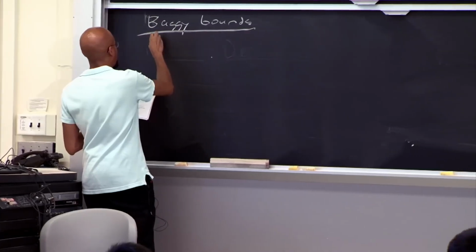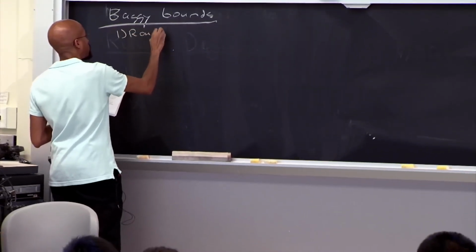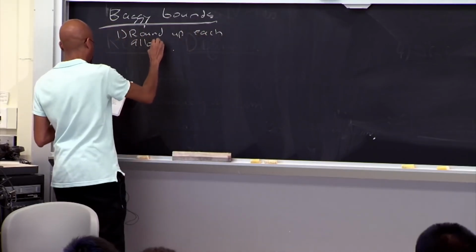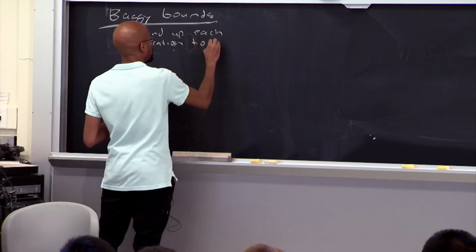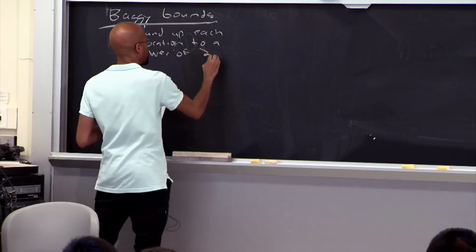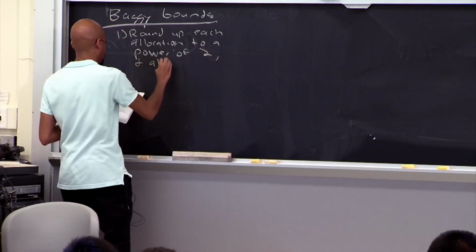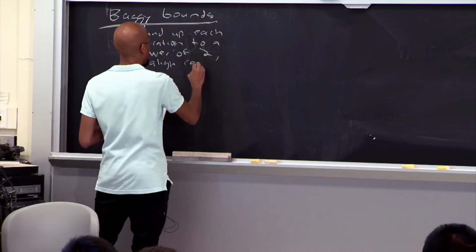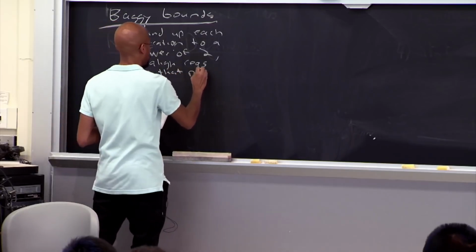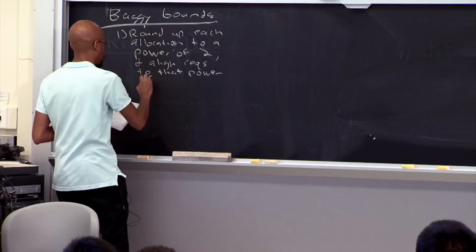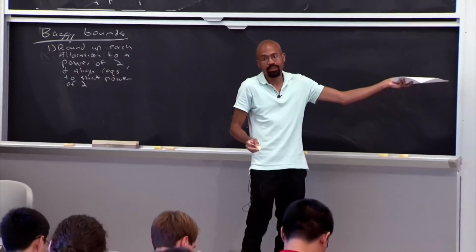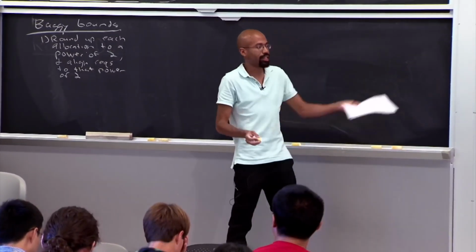The first idea is you round up each allocation to a power of 2, and you align the requests to that power of 2. Essentially the buddy allocator is very nice because it handles a lot of that for you. It naturally will do that kind of thing because that's just the way it allocates and deallocates memory.